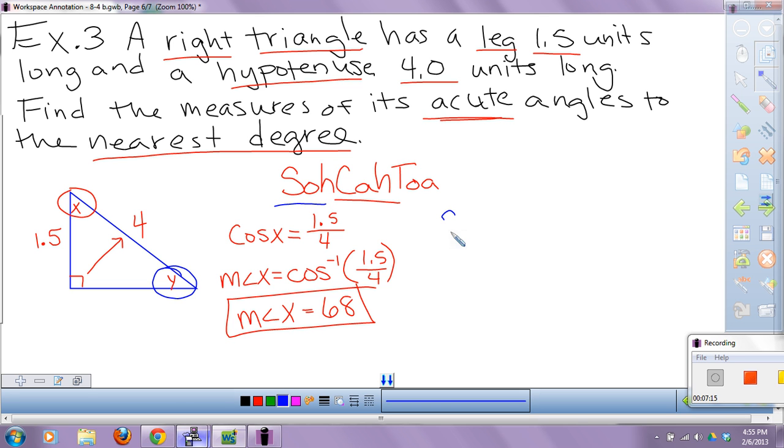So sine of the angle equals the opposite leg divided by the hypotenuse. Again, if you're trying to find an angle, we'll use the inverse. So to find the measure of angle Y, we're going to do the sine inverse of our ratio, 1 5/10 divided by 4. And go back to your calculator to input this in.